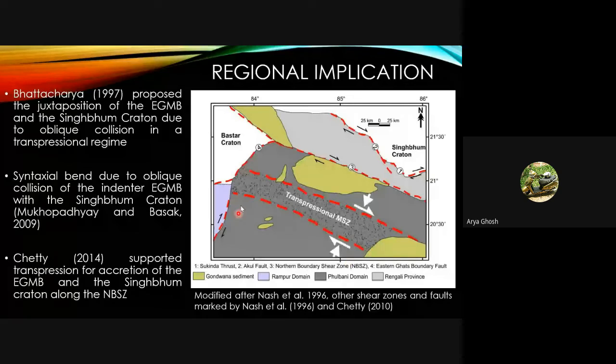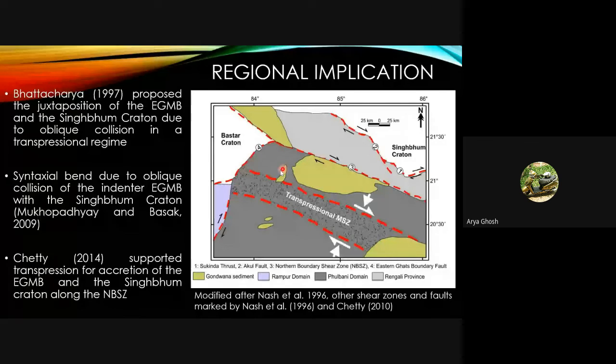Now this Eastern Ghats mobile belt and the Singhbhum Craton were collided in a situation where there was a transpressional regime. It was first told by Bhattacharya et al., 1997. Later on, Mukhopadhyay and Basak in 2009 also explained that the indentation of the Eastern Ghats mobile belt into the Singhbhum Craton was an oblique one, and that caused the bend of this northern portion of the Eastern Ghats mobile belt.